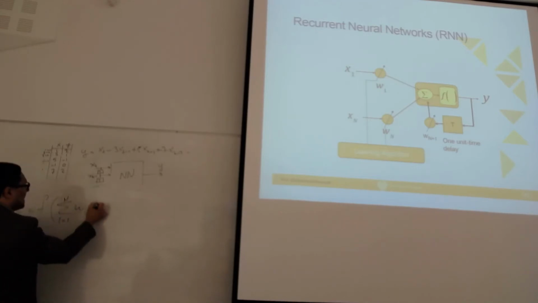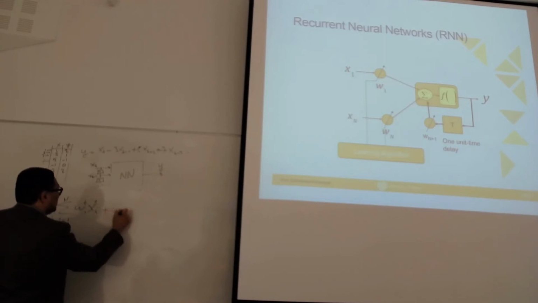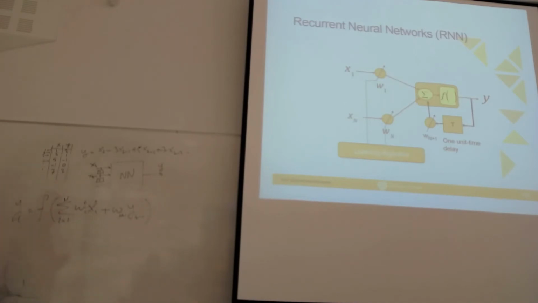So this is x at t, and these are the weights at time t, and now we have plus w n plus 1 times the output at t minus 1. This is the new recursive function of the output, so it depends on the previous output as well.